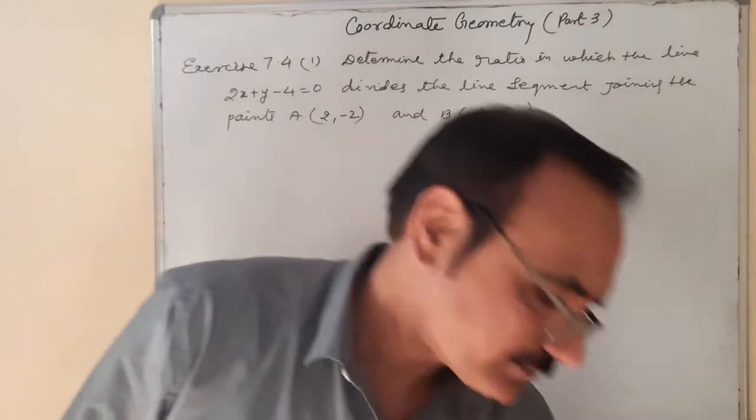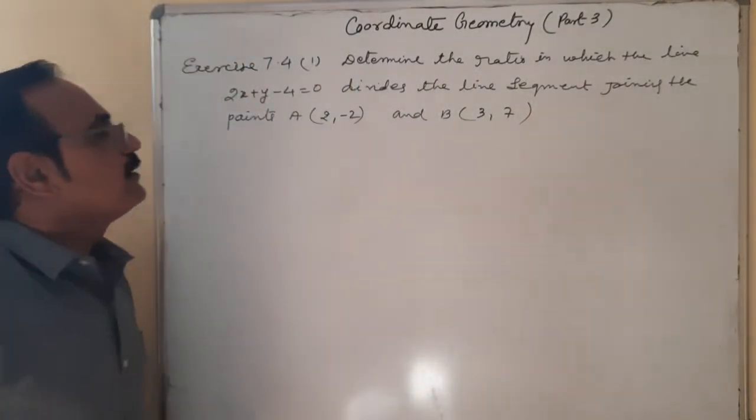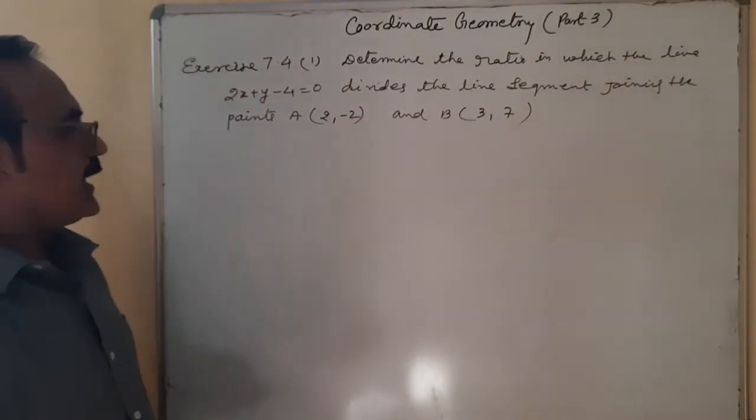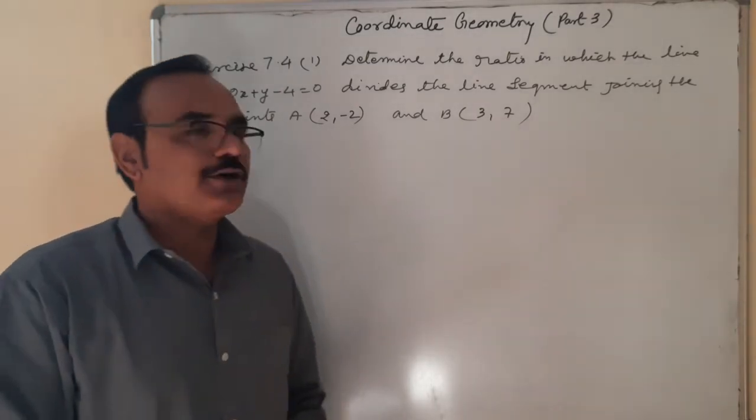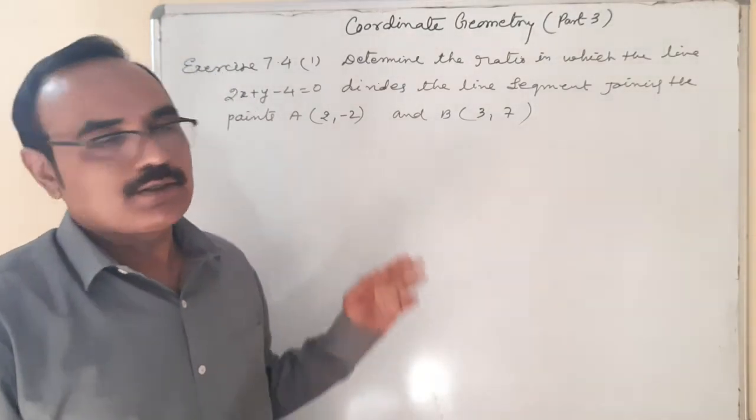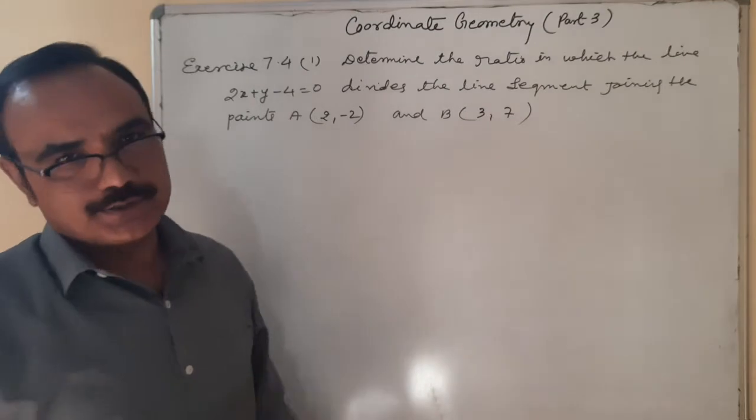Okay. Determine the ratio in which the line 2x plus y minus 4 is equal to 0 divides the line segment joining the points.